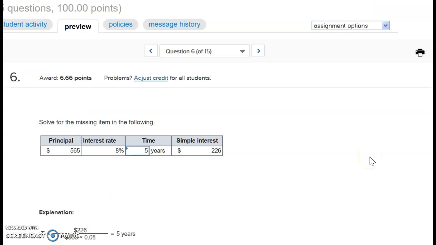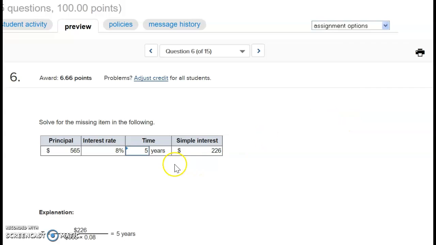All right, I'm jumping to number 6, and here with this problem we start solving for different parts of our formula. So traditionally we've been calculating interest, and that formula is interest equals principal times rate times time. Now we're going to take that formula and switch it up, and all we're doing is solving for another variable in that formula.